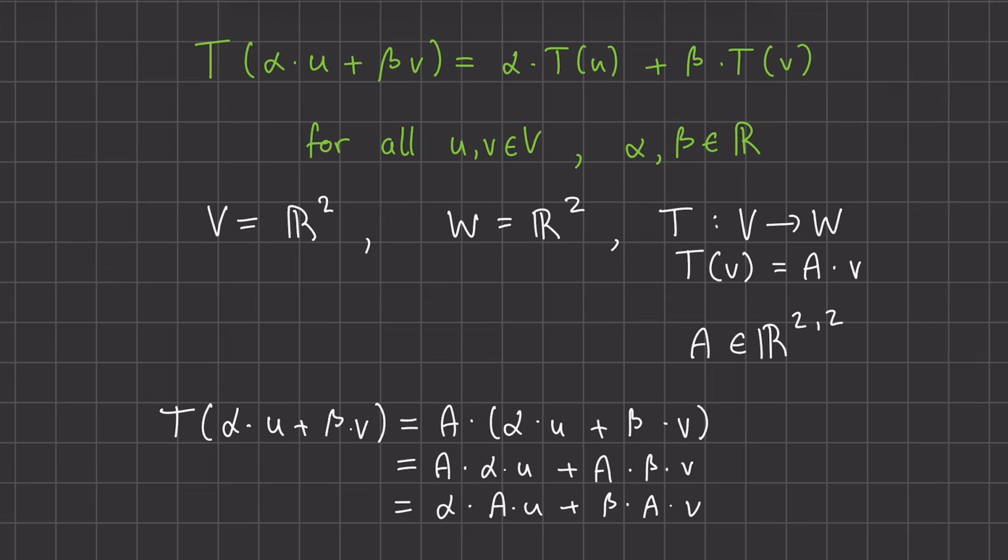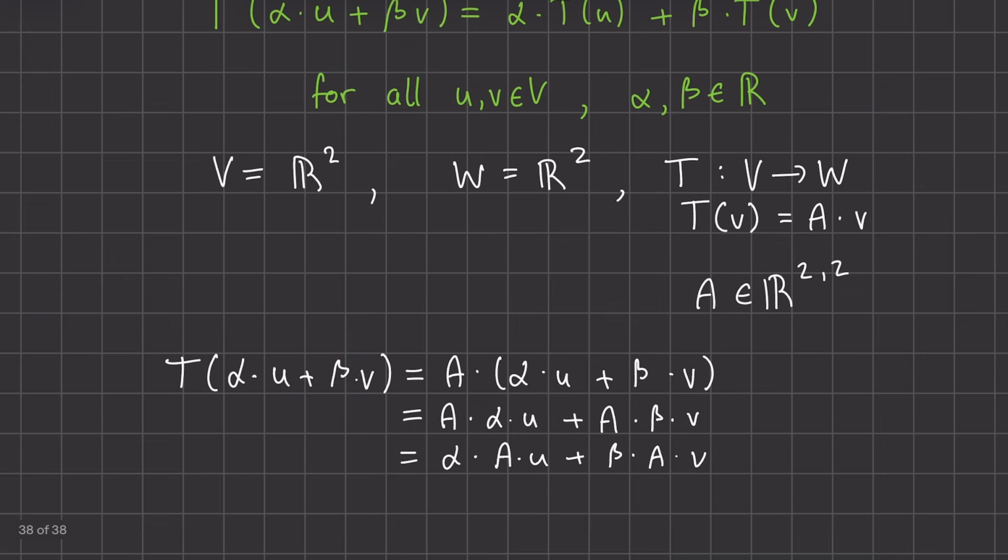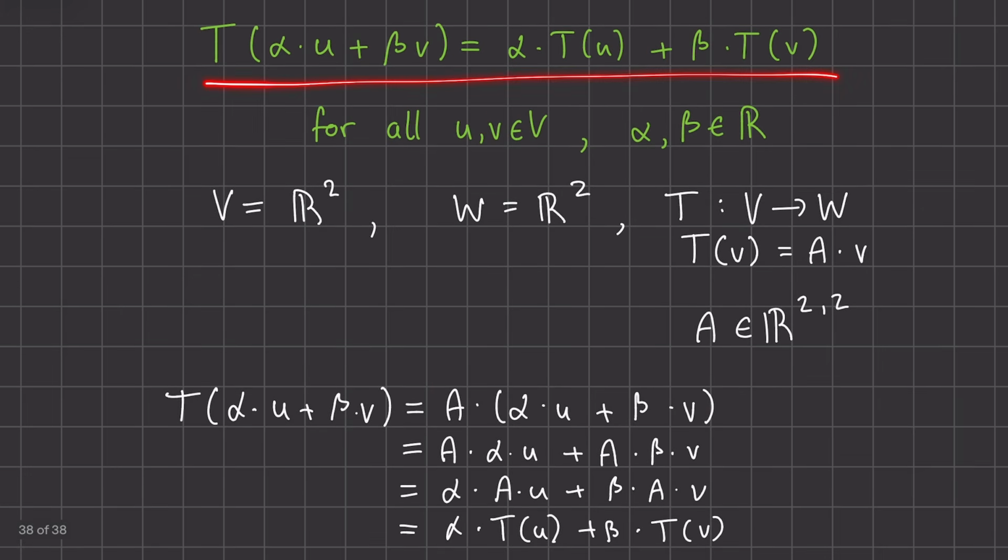And then what we have standing here, A times u and A times v, is just the same as applying the function. So we receive alpha times T applied to u plus beta times T applied to v. So exactly this condition. And since we've not made any assumptions about alpha, beta, u, and v, this holds for all of them.